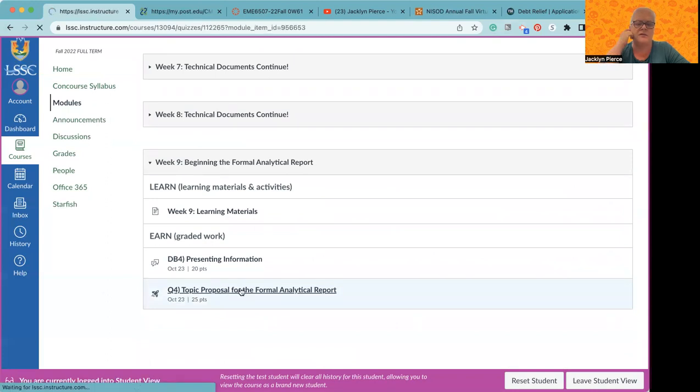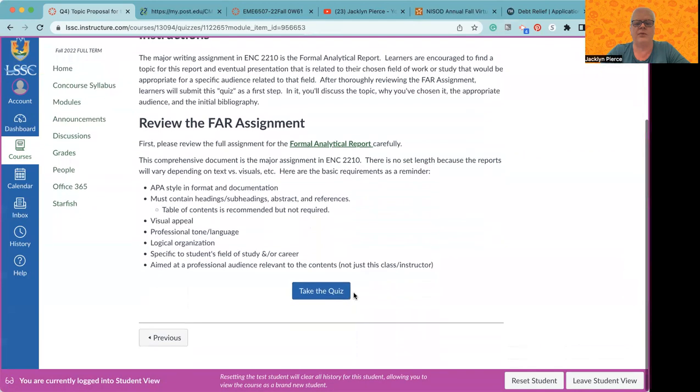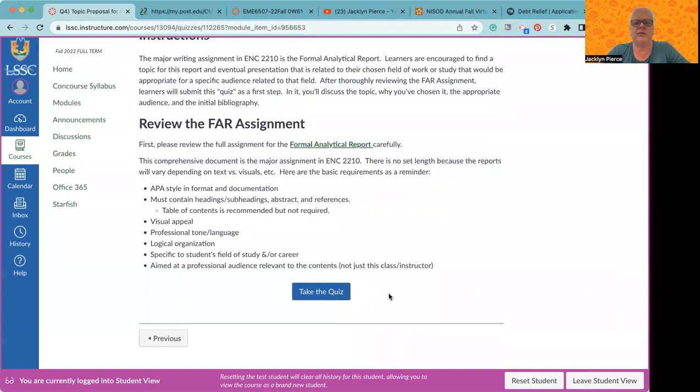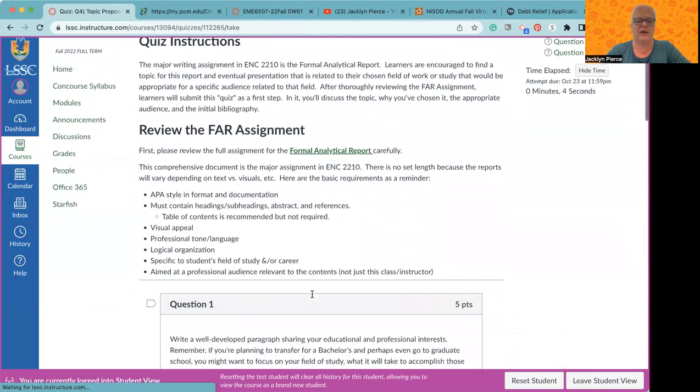Now, this is submitted in quiz format. So there are 4 separate questions. It is not timed, but because it's a quiz, you can only submit it once. So just make sure that you don't submit it until you're ready to submit. Okay. But I'm going to go ahead and show you the questions so you can prepare them in advance.